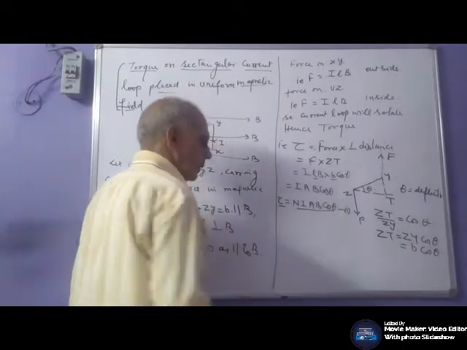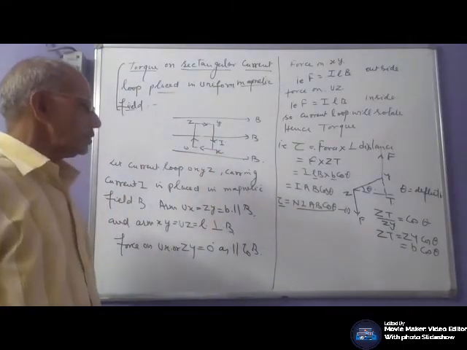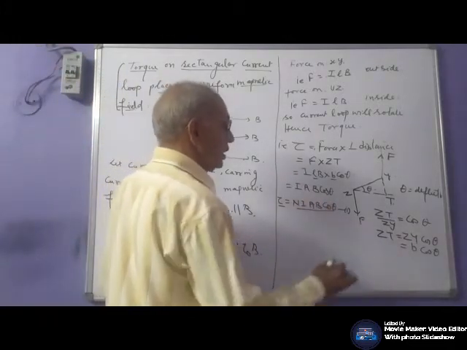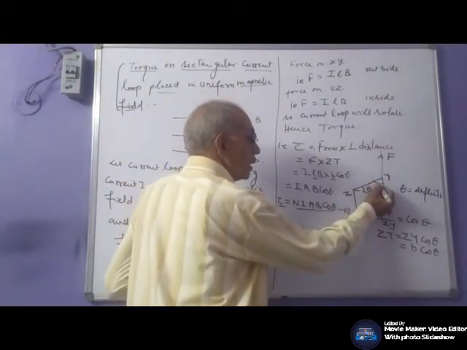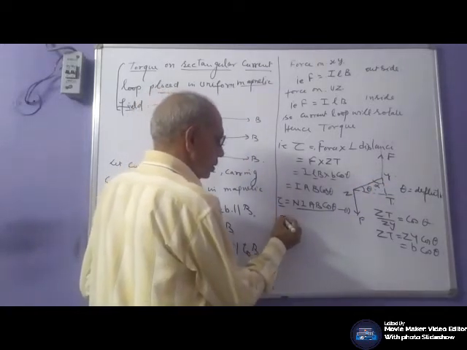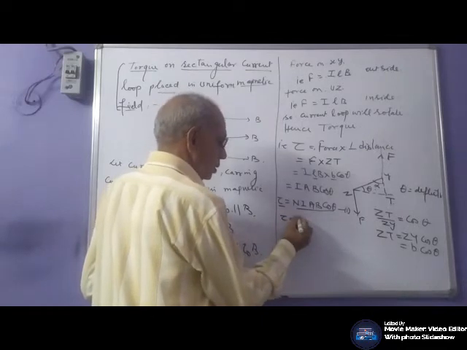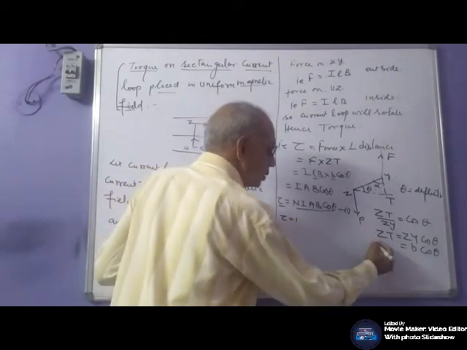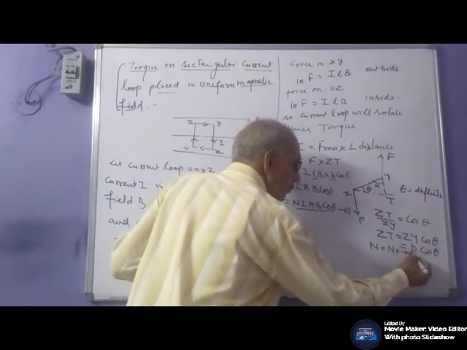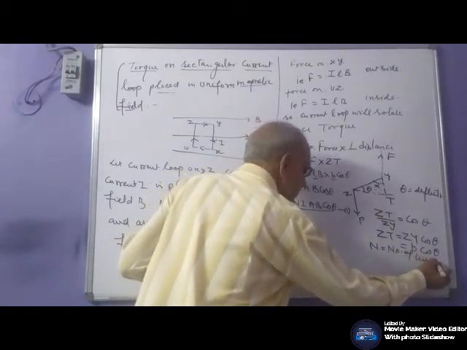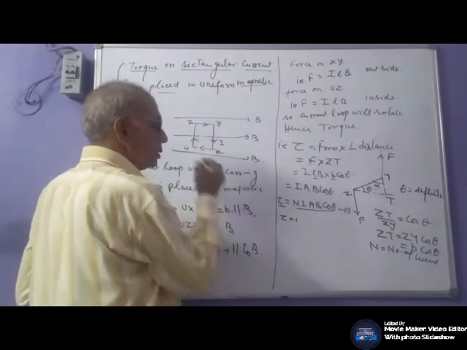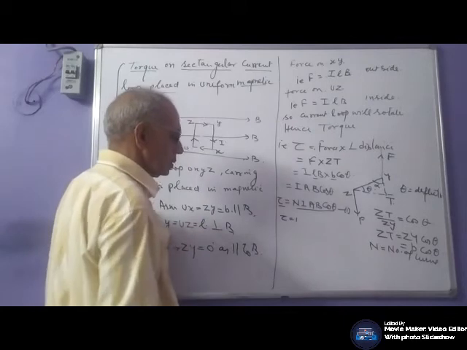This is torque, but torque is a vector and it shows scalar. So alpha is this angle. Where, what is N here? Number of turns. One turn, two turn. This is for number of turns.